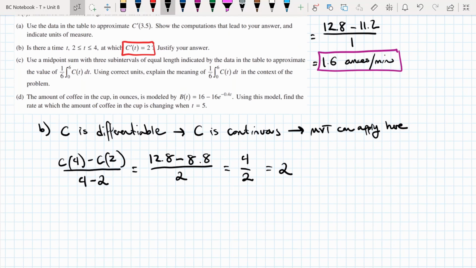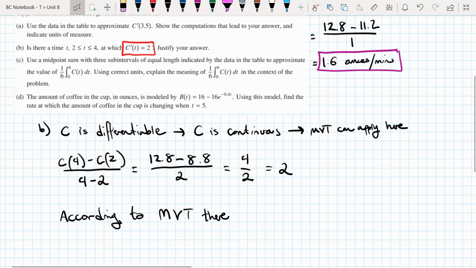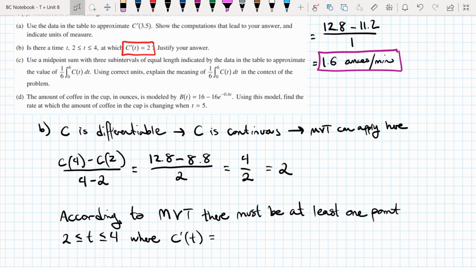And so we're going to say according to the mean value theorem, it's just abbreviated MVT, there must be at least 1 point, 2 is less than or equal to t, which is less than or equal to 4, where the derivative is equal to 2, because the average rate of change is 2. The average rate of change between 2 and 4. So that's the idea.